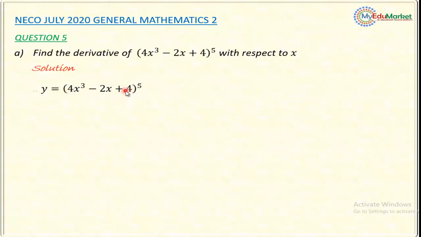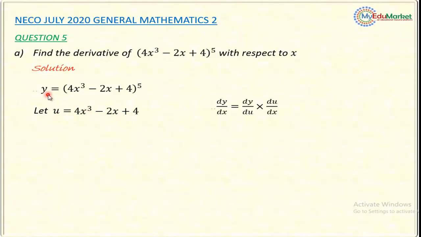So let me let inside the bracket to be u. This is the chain rule or the composite rule. If I let u to be inside this bracket, so I'm going to have 4x raised to 3 minus 2x plus 4 is a function now u. So u is a new function in terms of x.